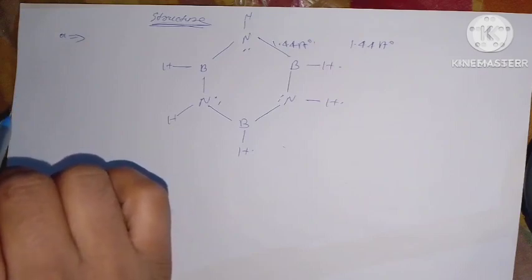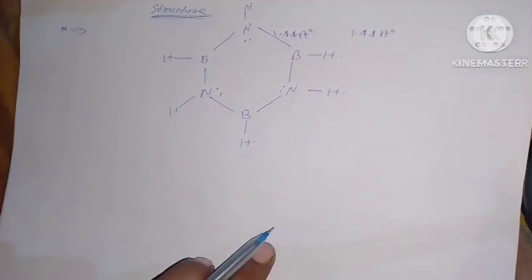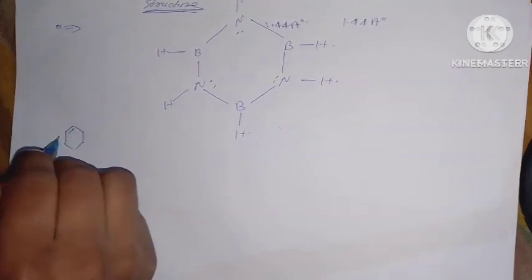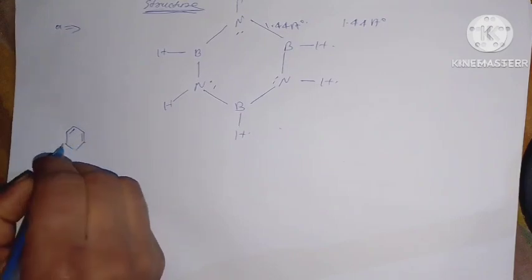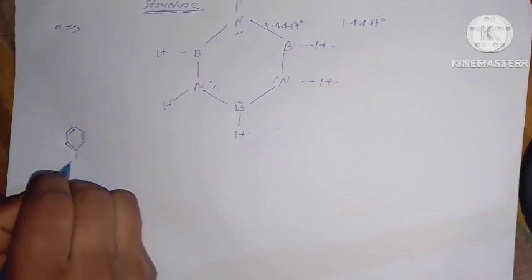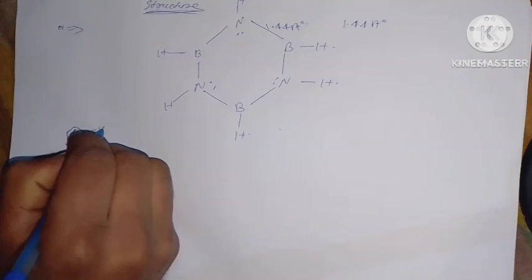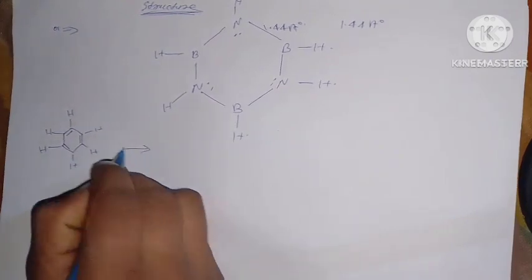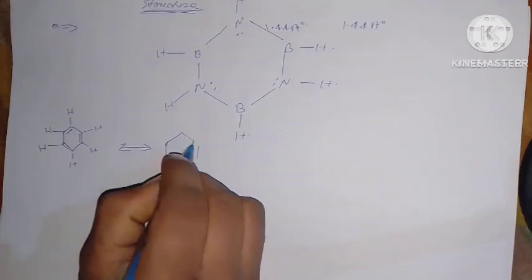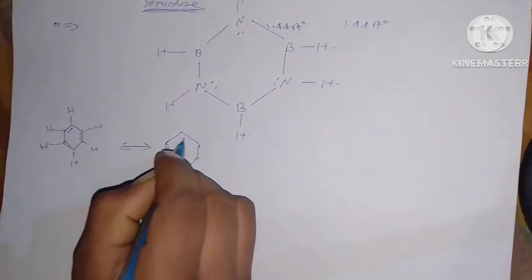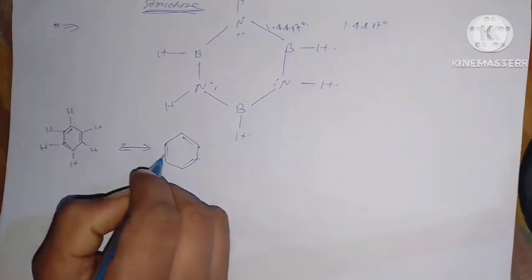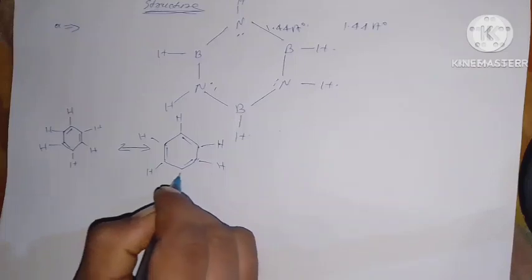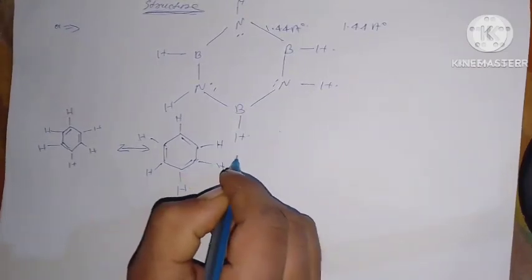Resonating structures of benzene and borazole. Okay, you can see 1, 2, 3, 4, 5, 6, and 1, 2, 3, with hydrogen on each atom.